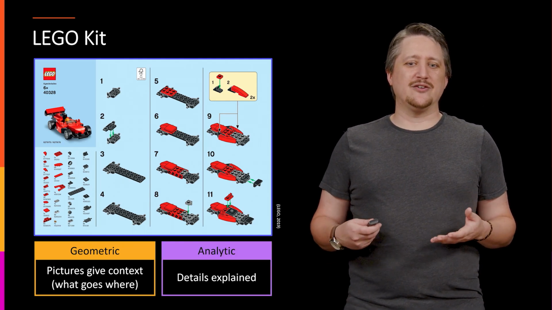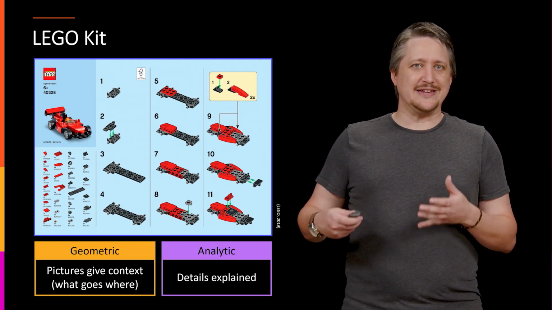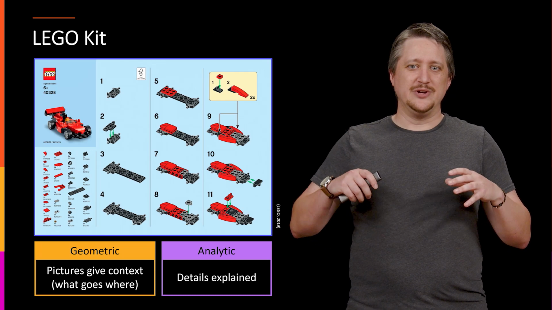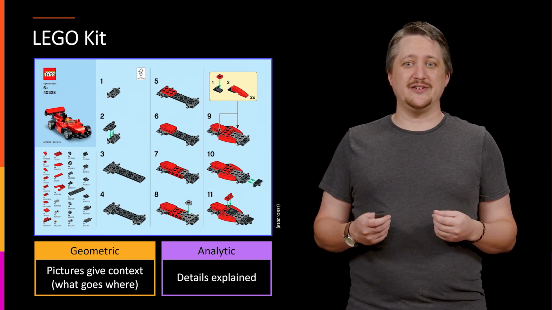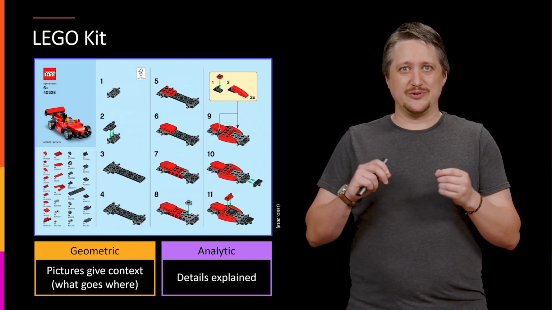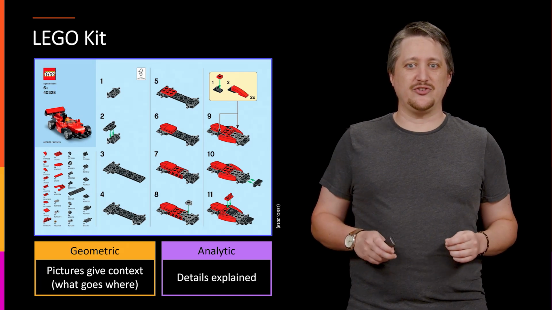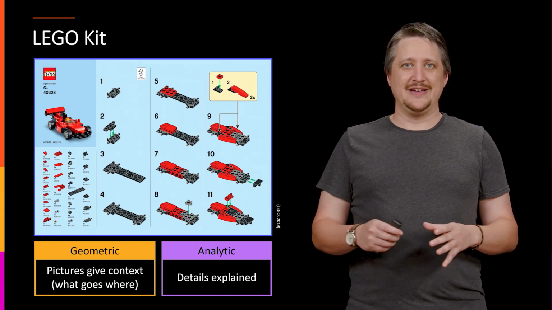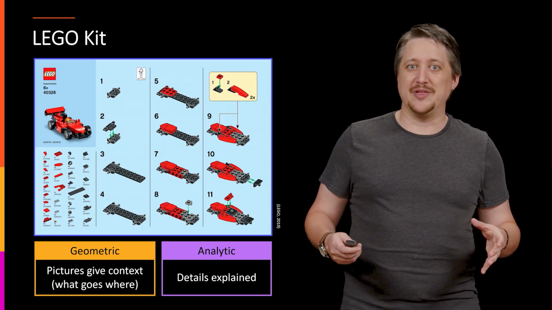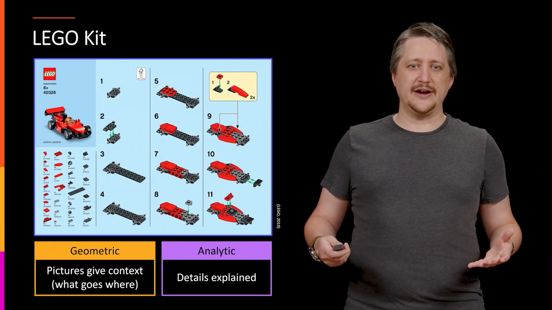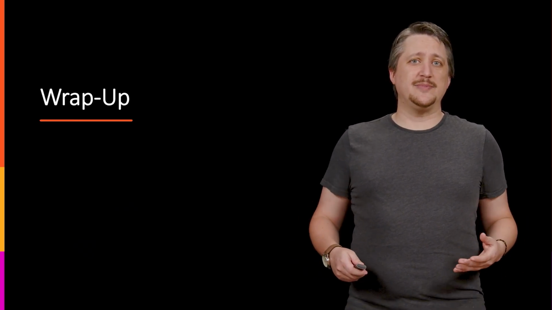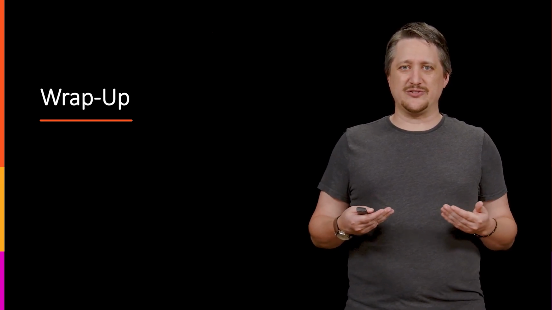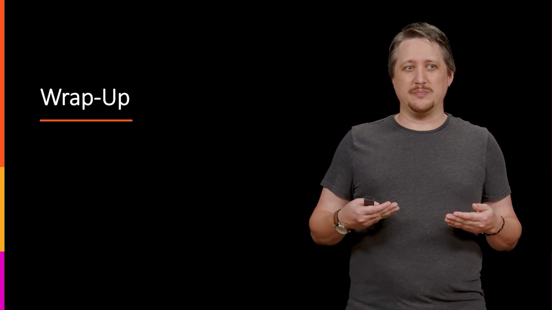And this is the analog to the analytic piece of it. It's trying to explain those little details in much more piece by piece steps instead of just giving you a picture and hoping you can figure it out from there, okay? All right, so what do we do? We talked about analytic and geometric reasoning and how a lot of the times these are viewed as pitted against each other, like one is better than the other, or problem by problem, you want to use one or the other.